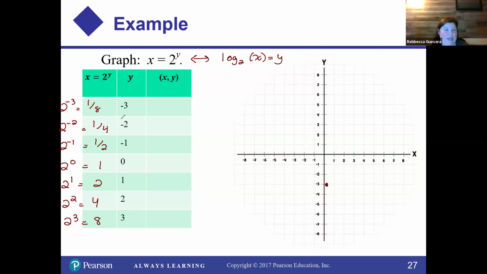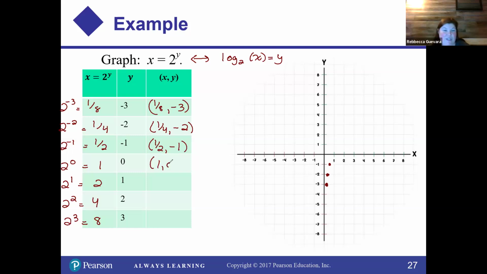Let me do the ordered pairs first. The first ordered pair was 1/8, -3. The second one is 1/4 and -2, so that's about here. And then we have 1/2, -1, so that one's approximately here.